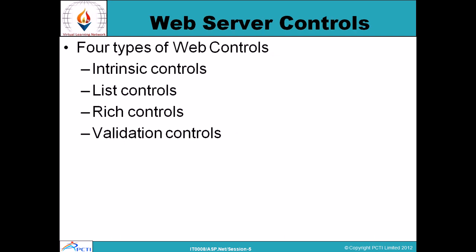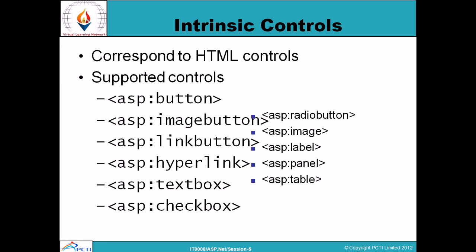Now the whole set of web server controls is partitioned into different categories, and accordingly there are 4 types of web controls. The first one is intrinsic controls, second is list controls, third is rich controls, and the next one is validation controls. Intrinsic controls correspond to the HTML controls. When we talk about intrinsic controls, we are talking about the HTML controls.